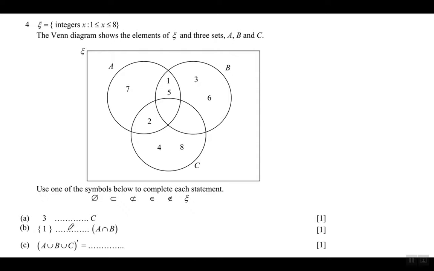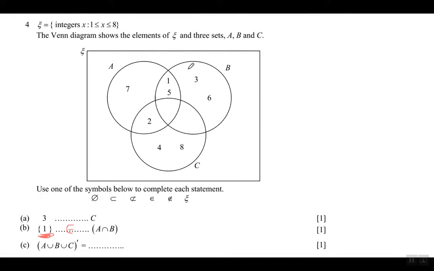1 is A intersect B. The group that contains 1 is A intersecting B. It is part of A intersect B, it belongs to A intersect B. Okay, good.